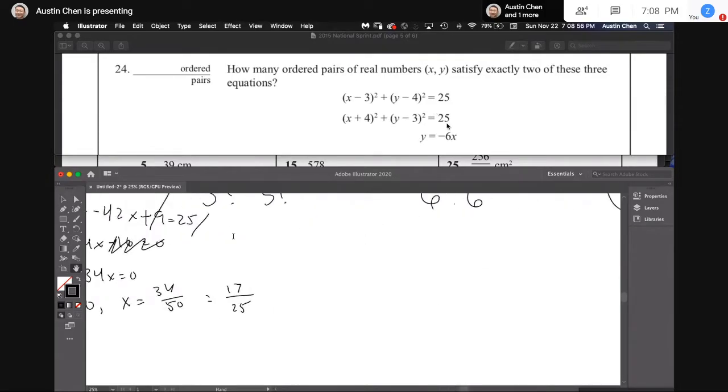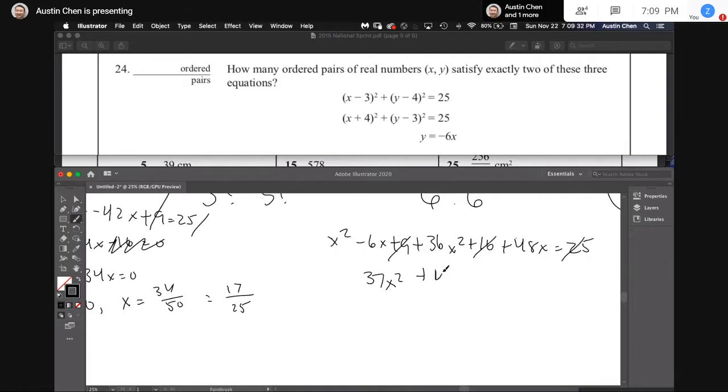So yeah. Okay, now let's do the first and third. So we can just substitute y for negative 6x. So then we'll have x squared minus 6x plus 9 plus 36x squared plus 16 plus 48x equals 25. All right, and then we have 37x squared. 9, 16, 25 cancels out, and they'll cancel every time actually.